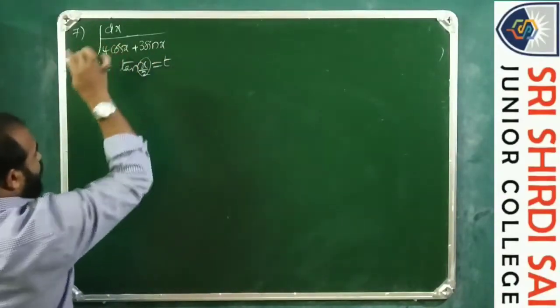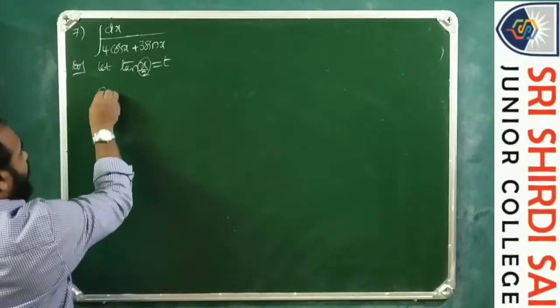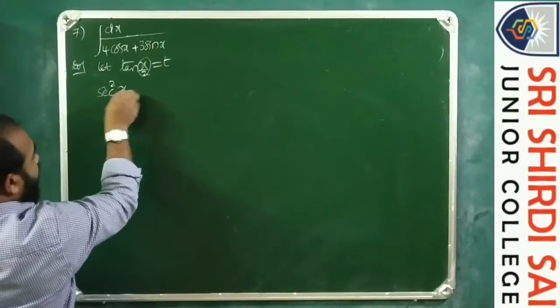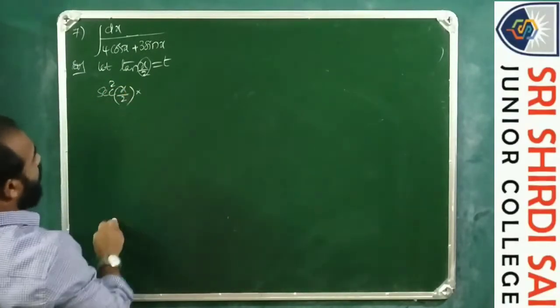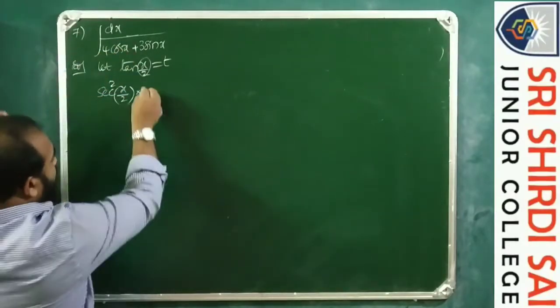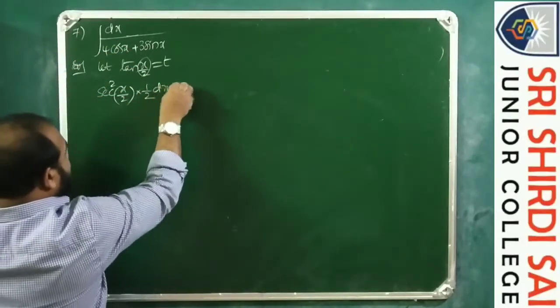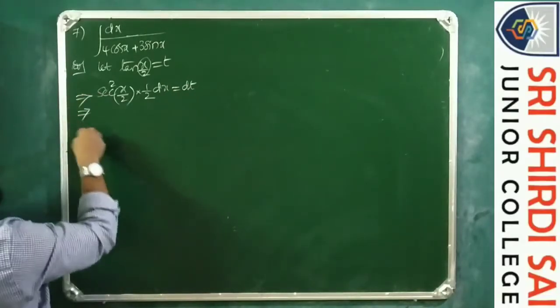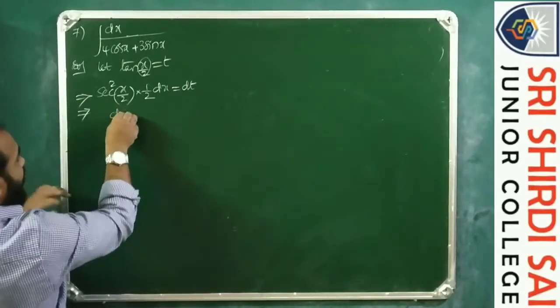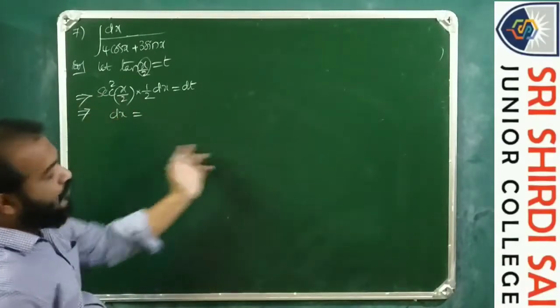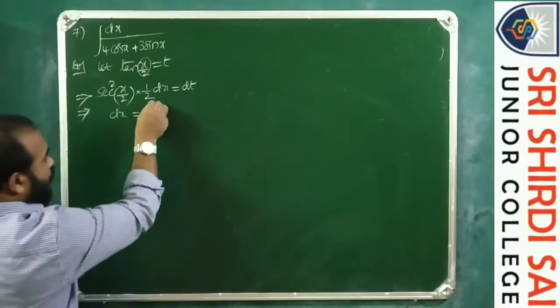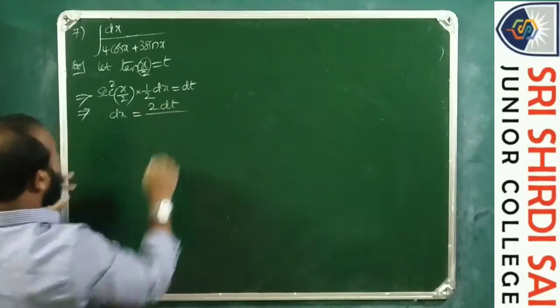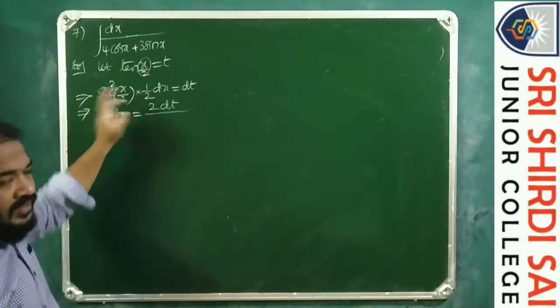Now let us suppose this to be x. Tan x derivative is secant square x by 2 into d by dx of x by 2 is 1 by 2. Dx is equals to dt. So this implies dx is equals to 2 dt by secant square x by 2, since that is multiplying, it would be dividing.